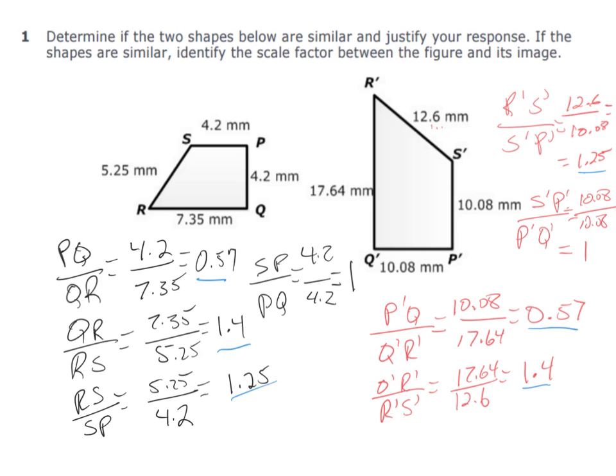Now it says once we have found that, we need to determine what the scale factor is. All right, so in order to find the scale factor, it gives us a little bit more in depth. Let's do this to be able to find the scale factor.